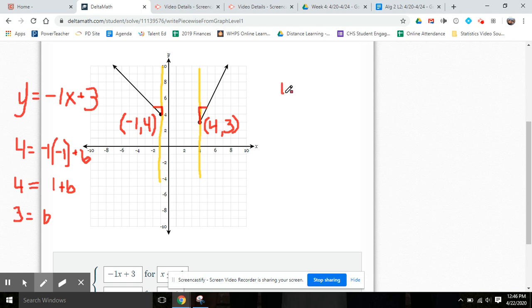So I've got y equals 2x, and then I need to find out what b is. I'm going to plug in my x and y from this point. So 3 equals 2 times 4 plus b. 3 is my y, 4 is my x, 2 is my slope, or m.